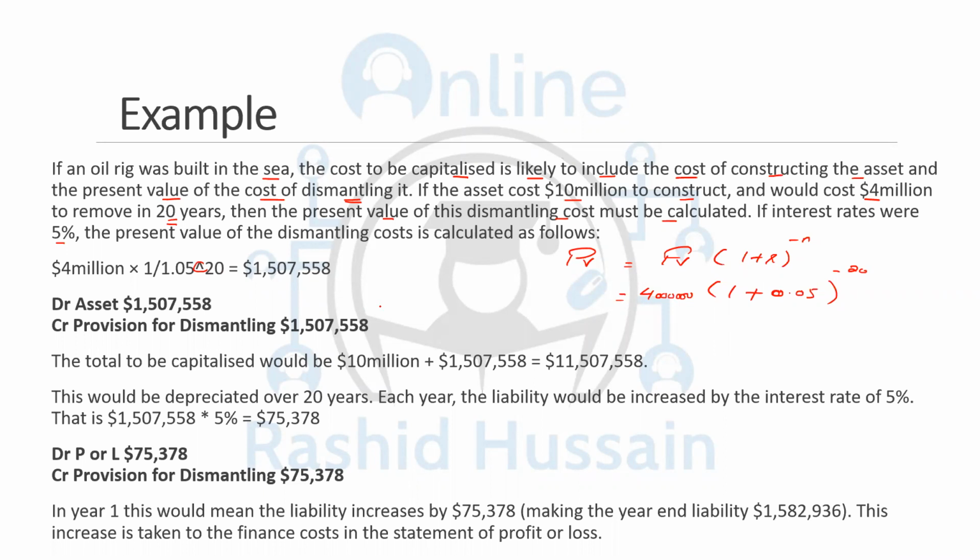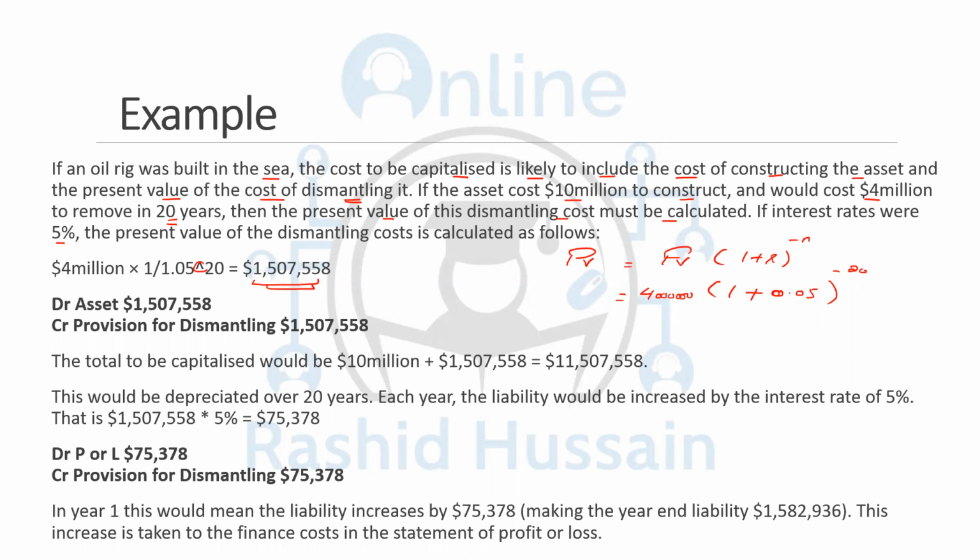Press this and then minus 20. So the present value of 40 lakh, 4 million, is 15 lakh 7,558.